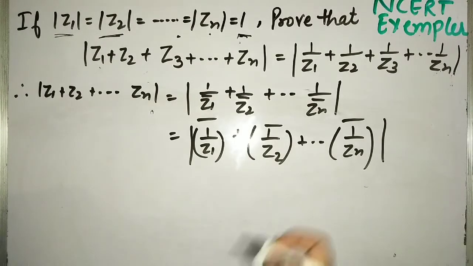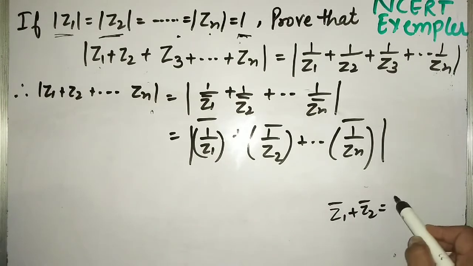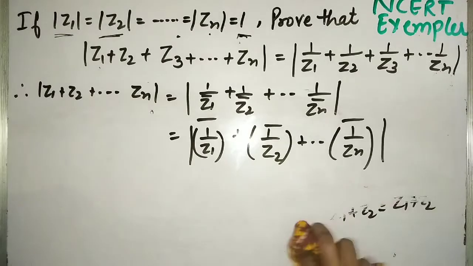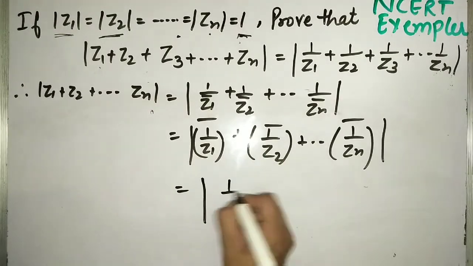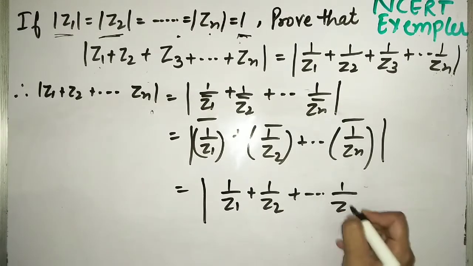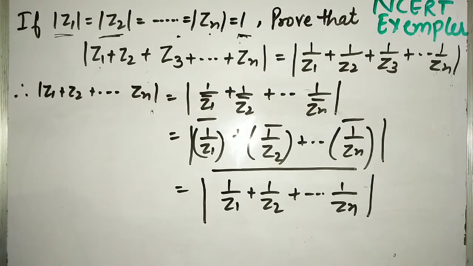You can combine the conjugate, because z1 conjugate plus z2 conjugate equals the conjugate of z1 plus z2. You know this property very well and I am going to use it now. So this can be written as the conjugate of 1 upon z1 plus 1 upon z2, and so on up to 1 upon zn.